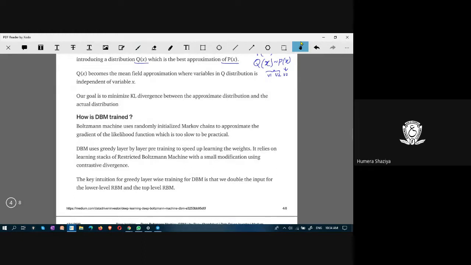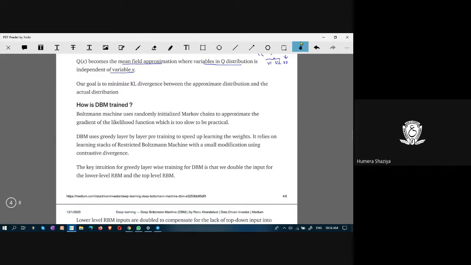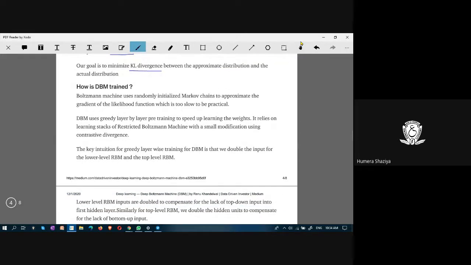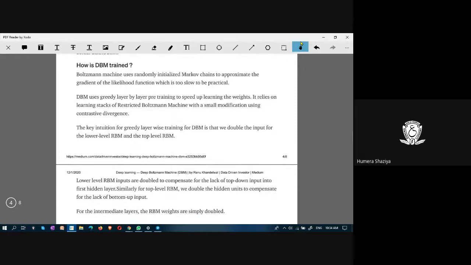And here what it says is that Q of x becomes the mean field approximation where variables in the Q distribution are independent of variable x. And here the goal is to minimize the KL divergence to approximate the distribution and reduce the differences between the actual distribution and the computed distribution.